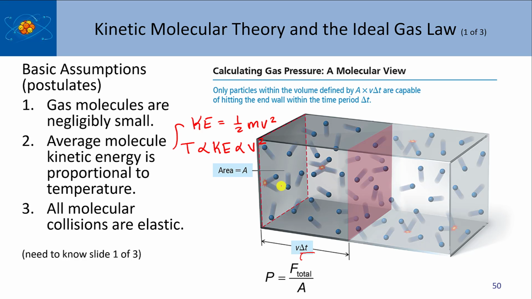creating more pressure inside a container. The other postulate that we have, which has some stipulations with it as well, is that all collisions are elastic. So when these molecules bounce off the wall, or if they actually collide off each other, as you can see there, the collisions that take place are elastic. Now, what does that mean?